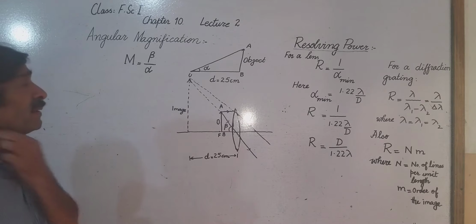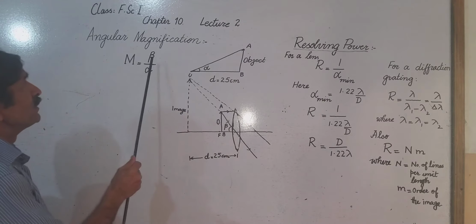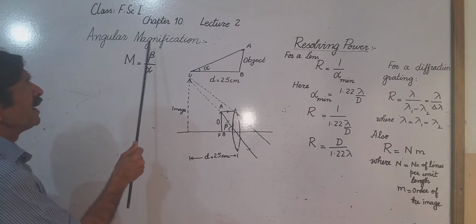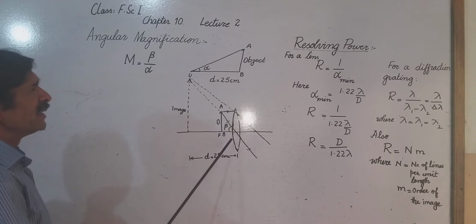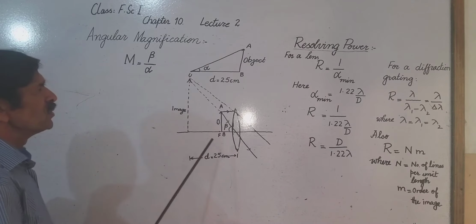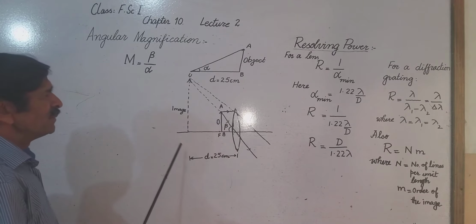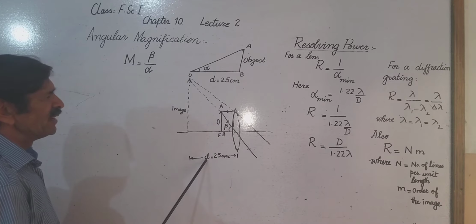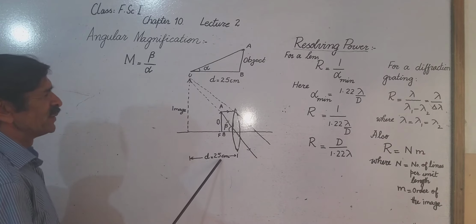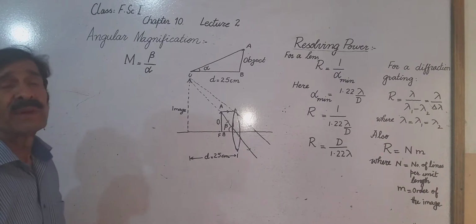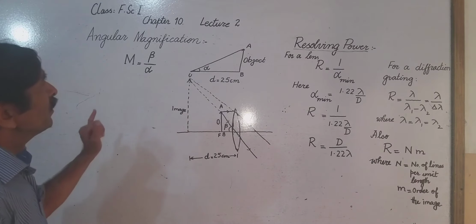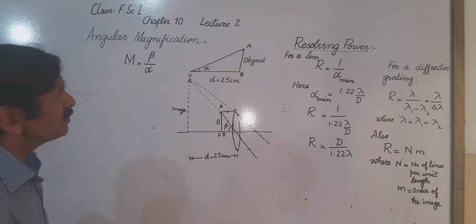Also remember that for defining angular magnification, the image should also be formed at the least distance of distinct vision, at a distance of 25 centimeters from the lens.